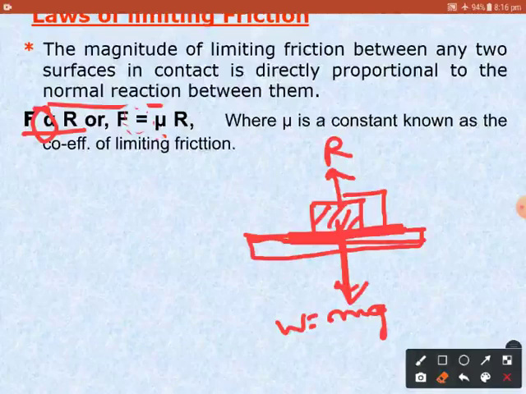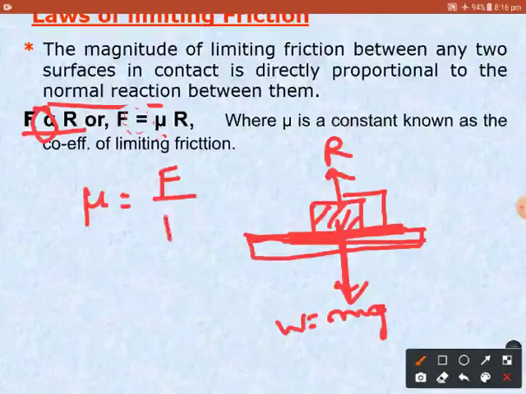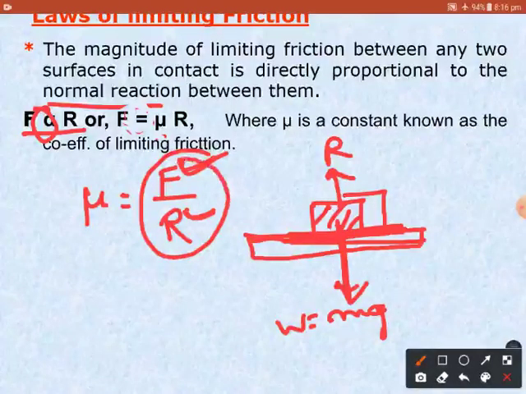So if one asks what is meant by coefficient of limiting friction, you can answer that it is the ratio of the limiting force of friction to its normal reaction. Got it? This frictional force and normal reaction are of the same unit, and so your coefficient of limiting friction doesn't have any unit, right?